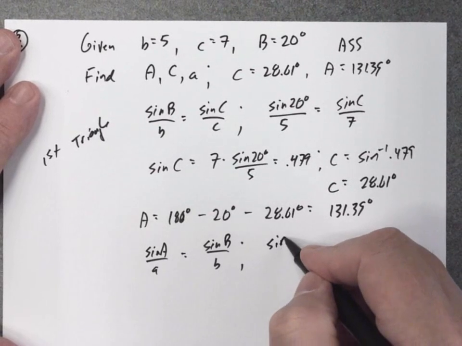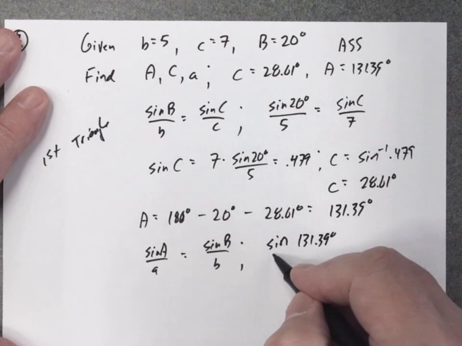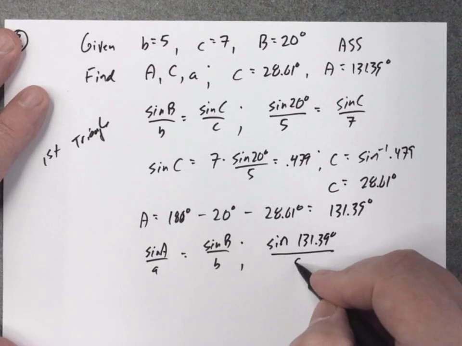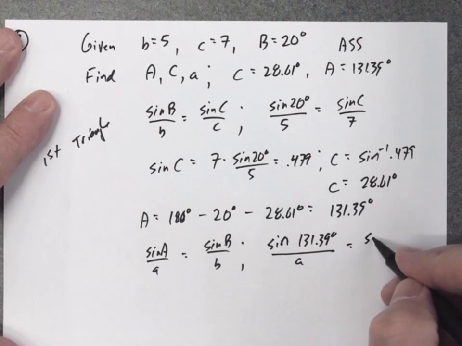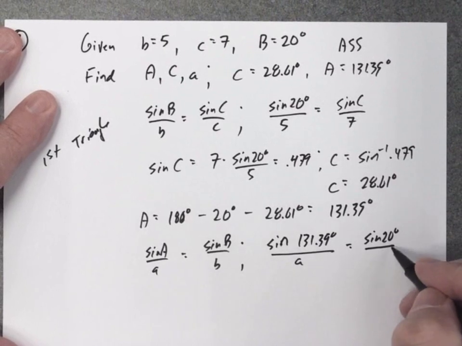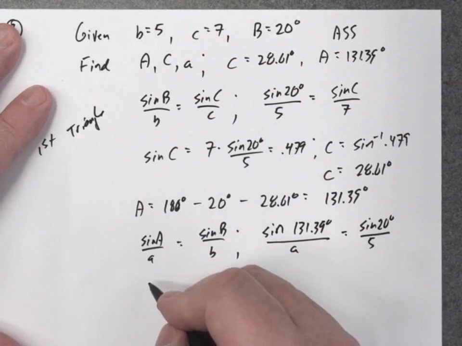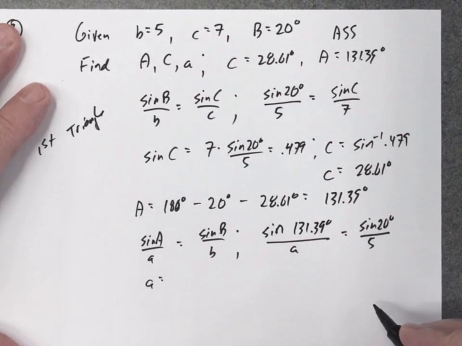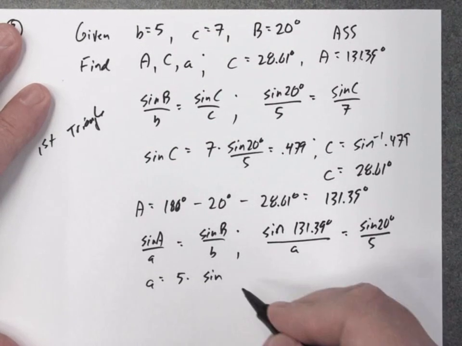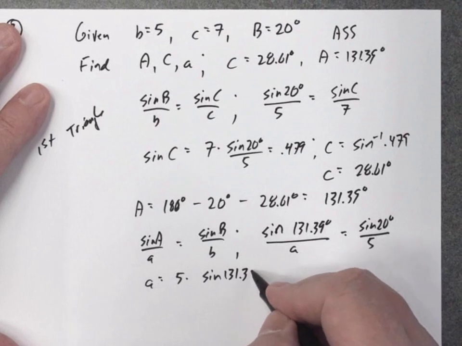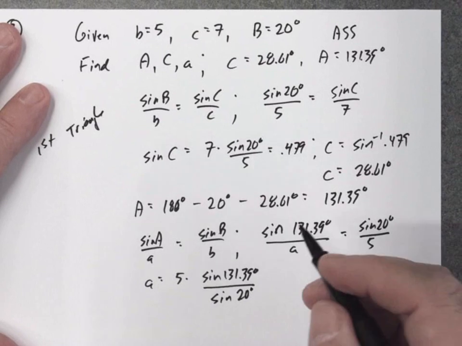So I know angle A is 131.39 degrees over side A, which is what I'm trying to figure out. Angle B is 20 degrees. Side B is 5. So now, if I solve for A, it's going to be 5 times the sine of 131.39 degrees over the sine of 20 degrees.